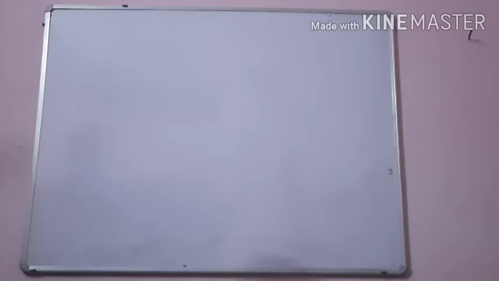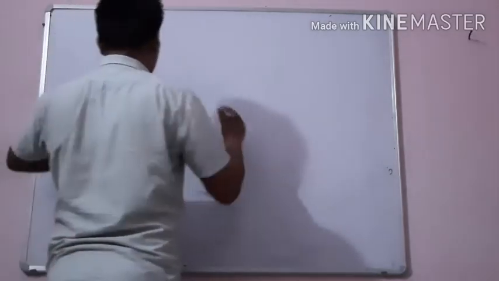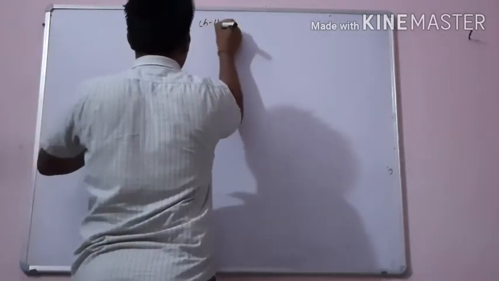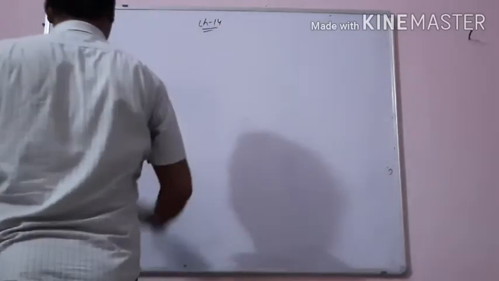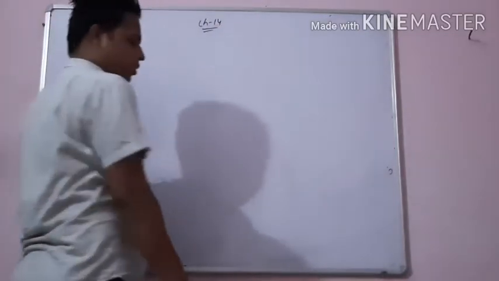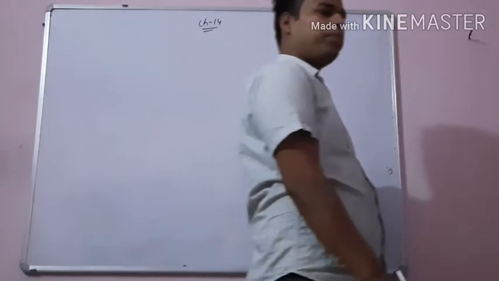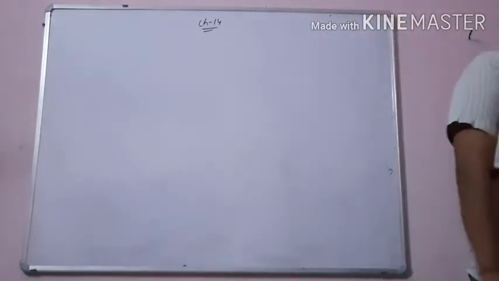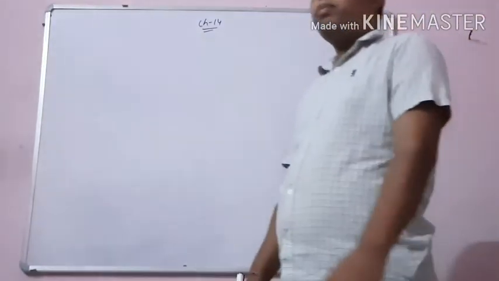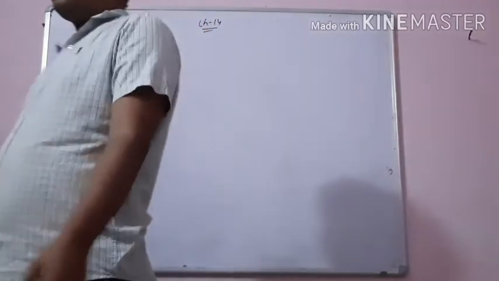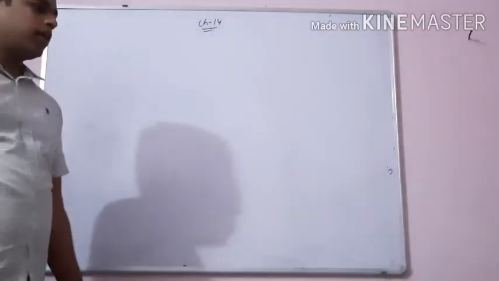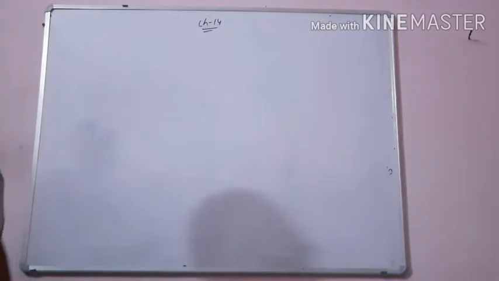Till now, in chapter 14, that is statistics, we have studied what is data and types of data, primary data and secondary data. We have studied representation of data by tally marks, then graphical representation of data.